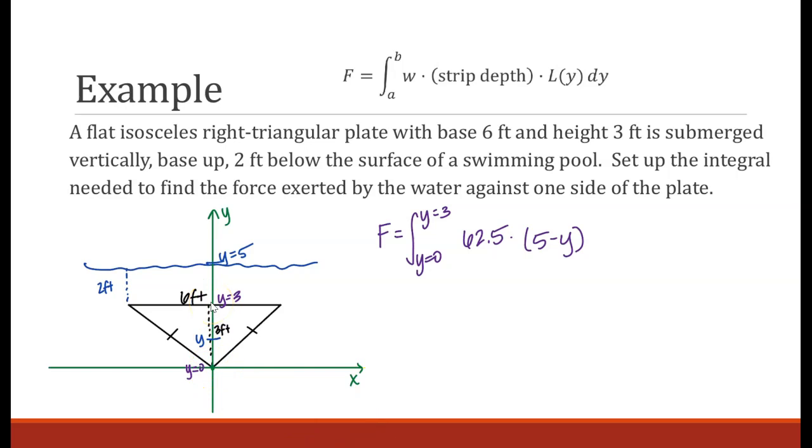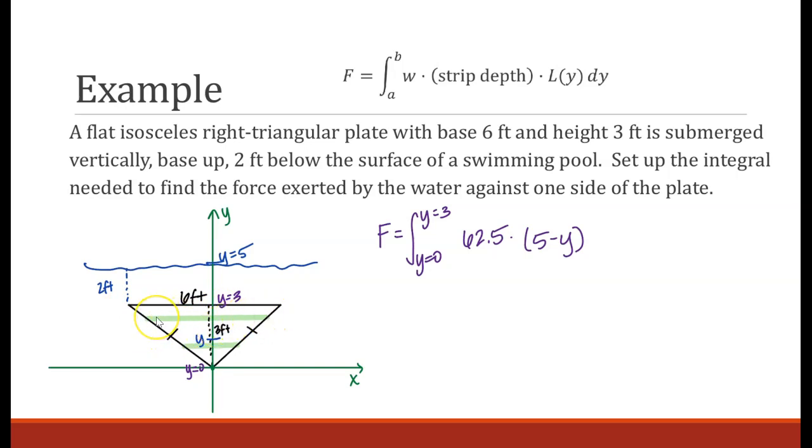So if I sketch a sample strip right here, this is shorter than if I put another sample strip up here, which is going to be a longer length as I move from 0 to 3. So I have to figure out how to express this length as a function of y.